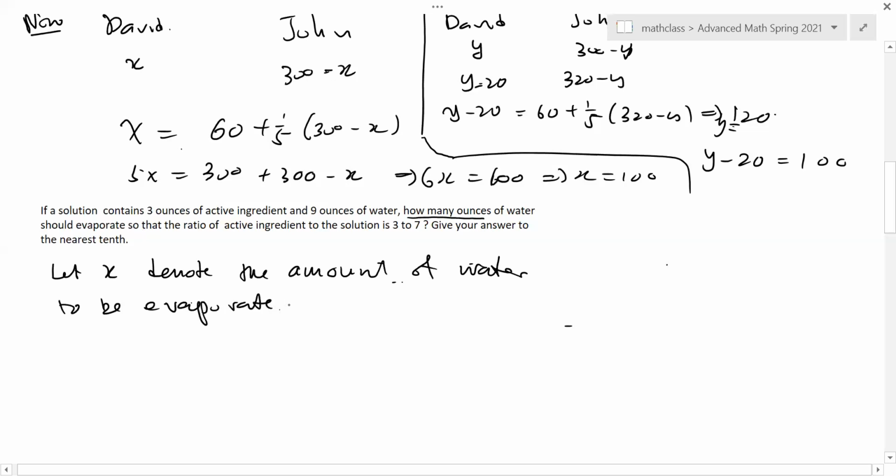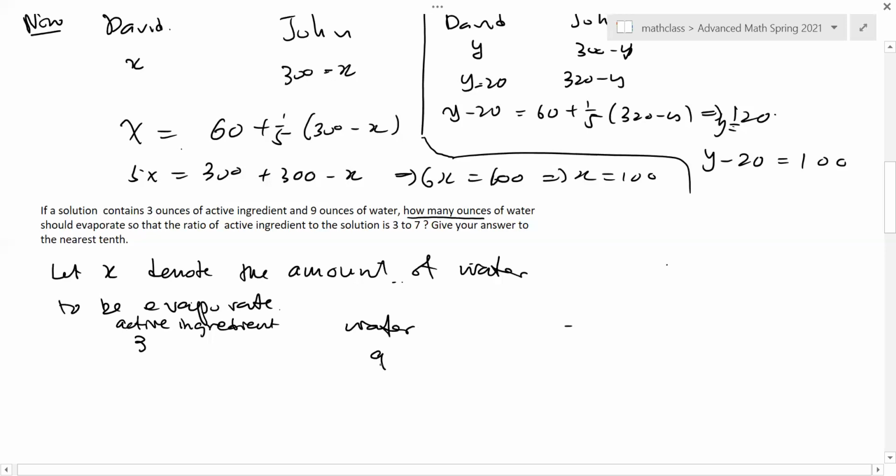Then you try to write down the equation. What do we want to do? The solution contains 3 ounces of active ingredient and 9 ounces of water. So we already know this is 3 ounces of active ingredient, and water is 9 ounces.